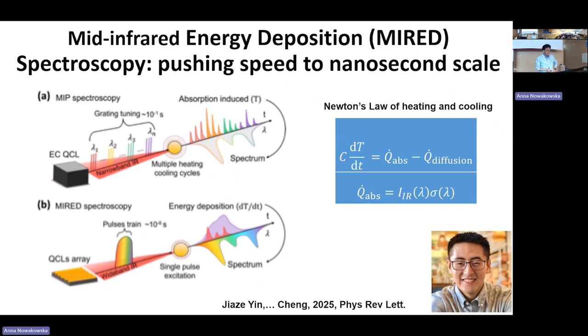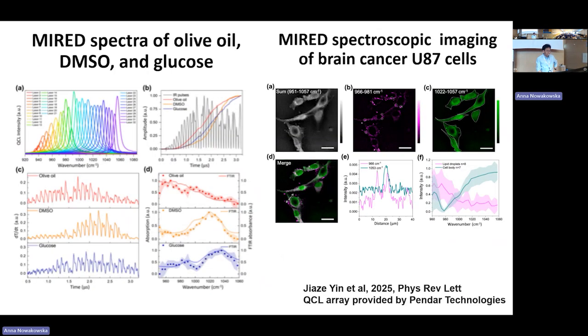We have proved the concept of this method by using a 32-channel photodiode and this QCL array from a company in Boston. So you can sweep the IR in 3 microseconds.